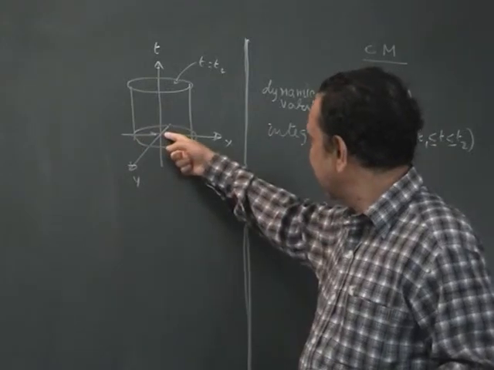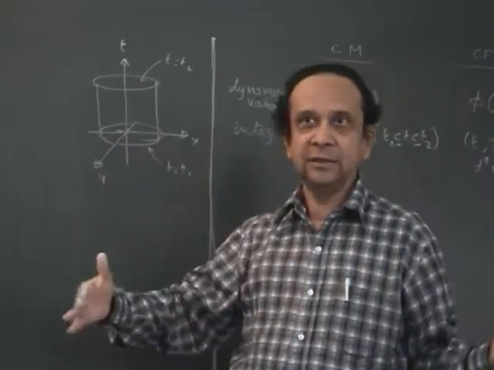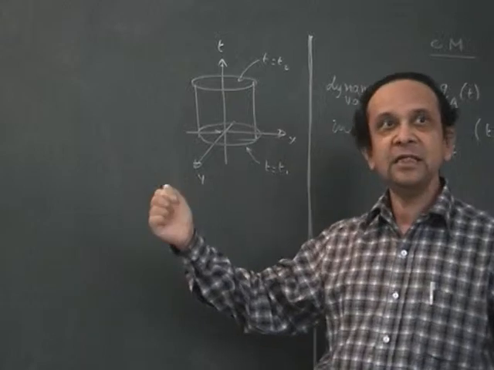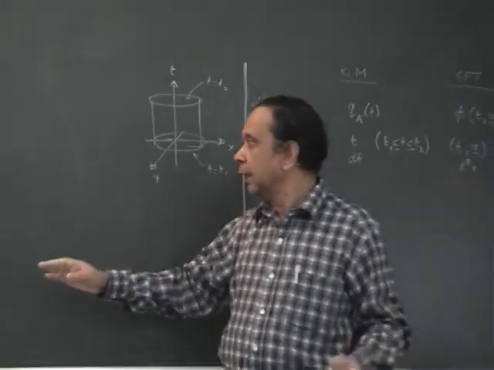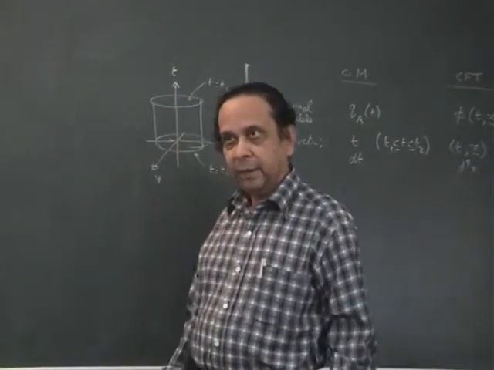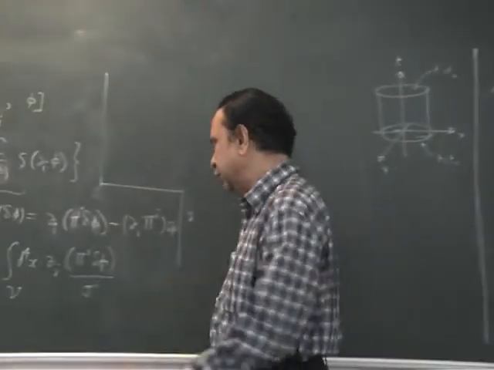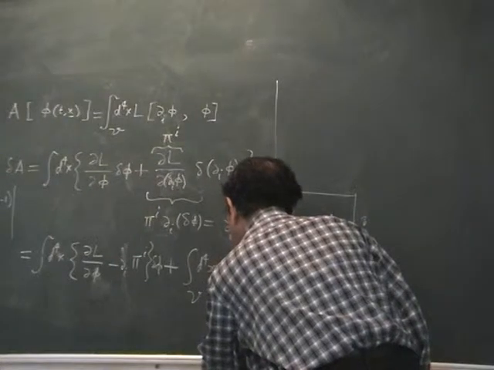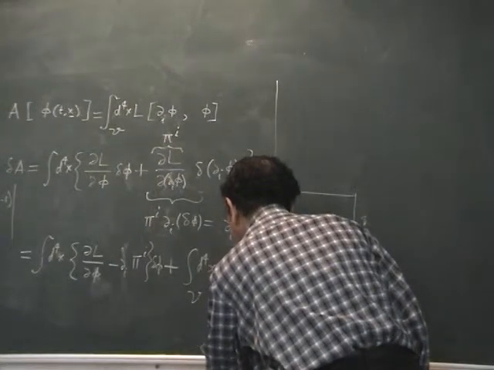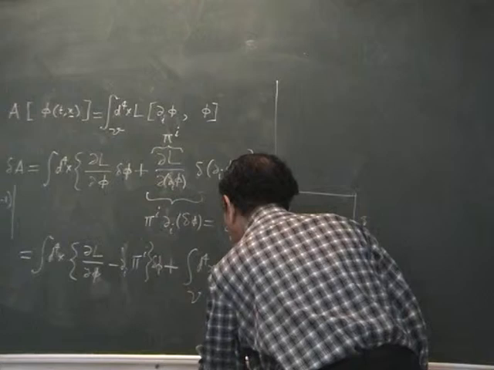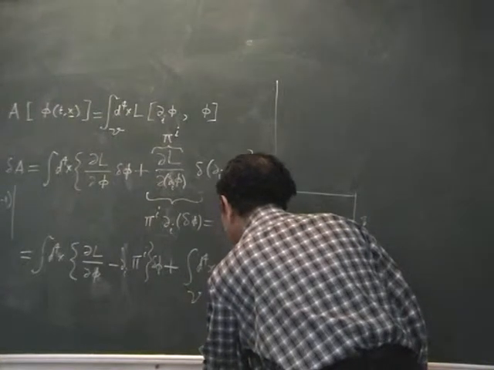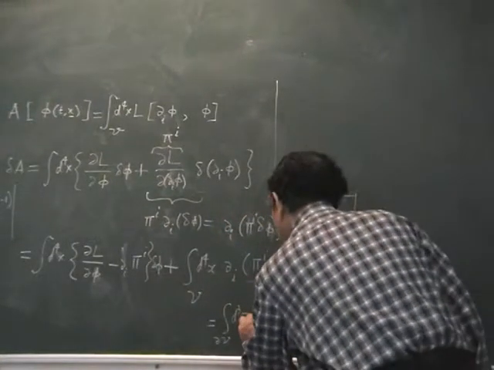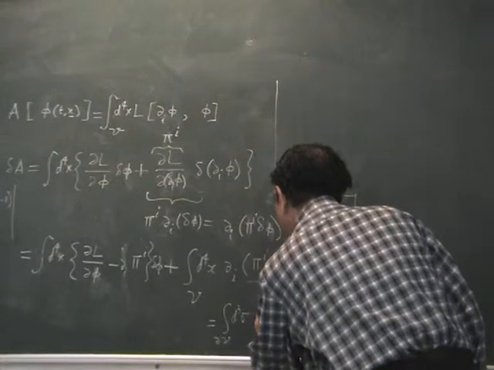And I would like to think of this as going to a very large distance. So it is a sphere at spatial infinity. Now when I do this integral, the result of this integral is an integral over the boundary. So it is some d^3 sigma, which is the boundary of this V, with a normal n_i multiplying j^i.